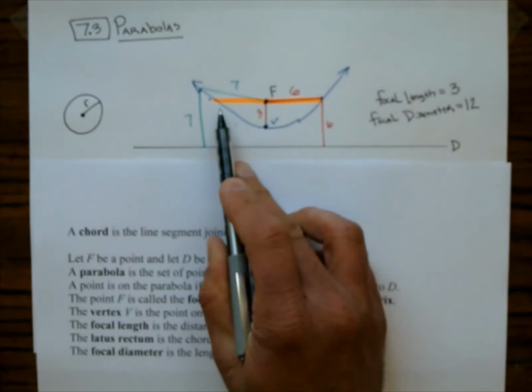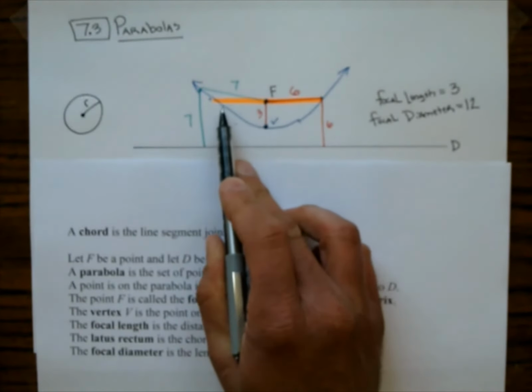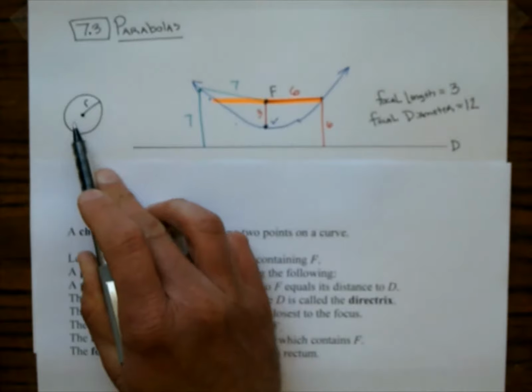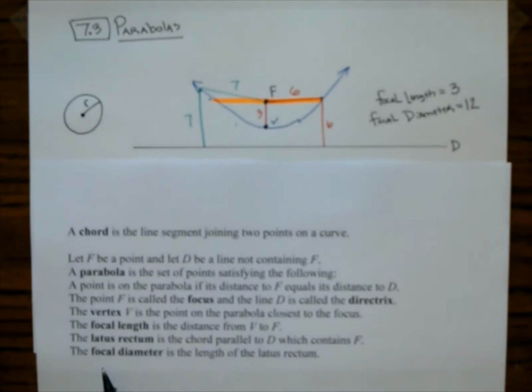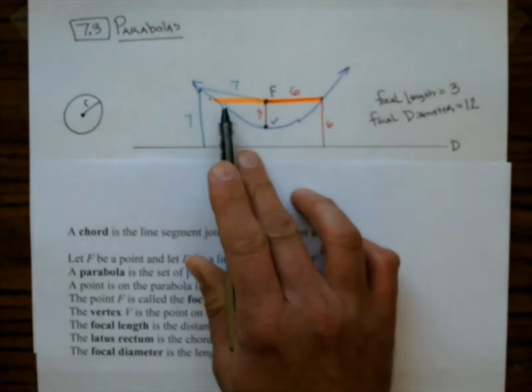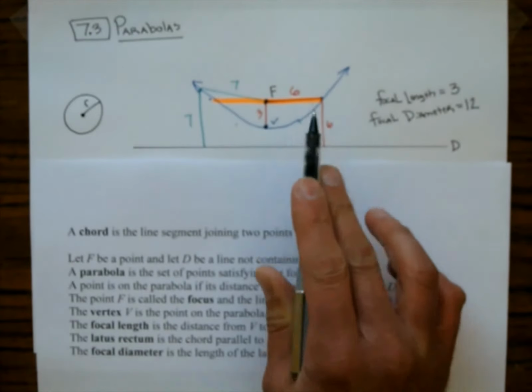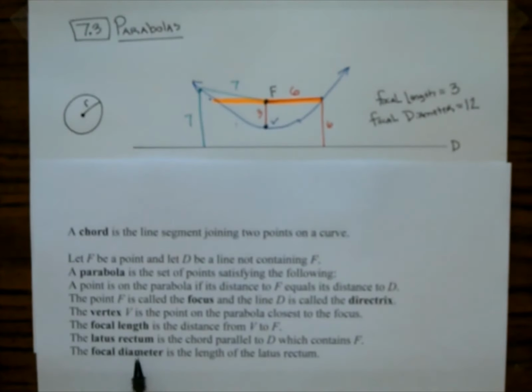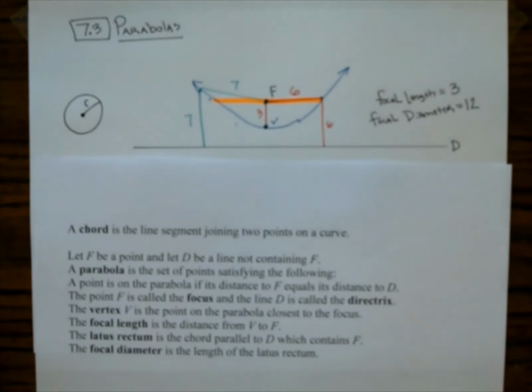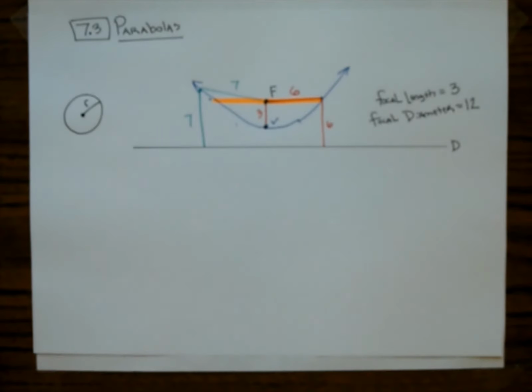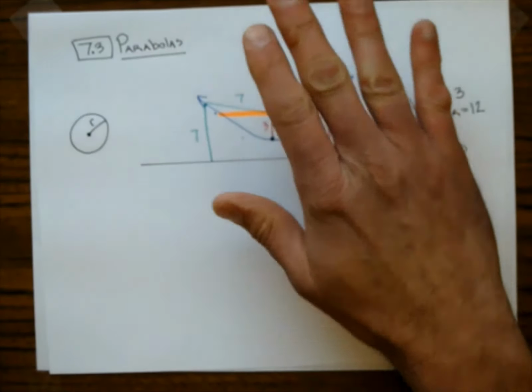And, you know, it would be nice to just call that line segment the focal diameter, because that would be kind of similar to the circle. But we don't say that that line segment is the focal diameter. We say it is the latus rectum. So I know it's kind of weird making that distinction, but it is what it is. So that is what the parabola is.